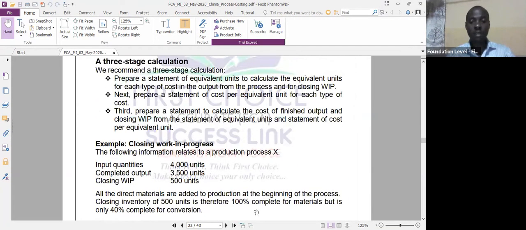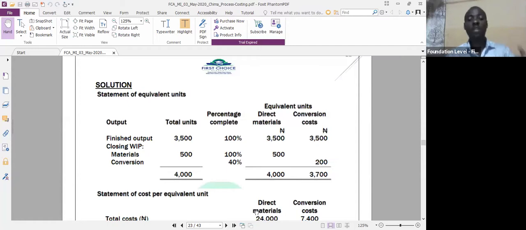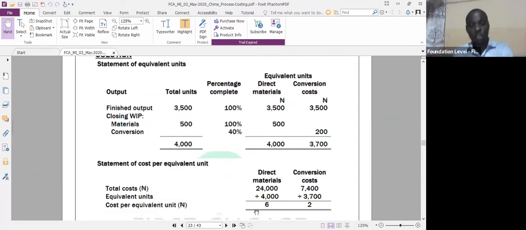Statement of cost per equivalent unit. So after getting the statement of equivalent units, we'll now do the statement of costs per equivalent unit. So the total cost for material, we spent 24,000 naira. What is the equivalent unit for material? 4,000. It means 24,000 divided by 4,000 will give you 6 naira.